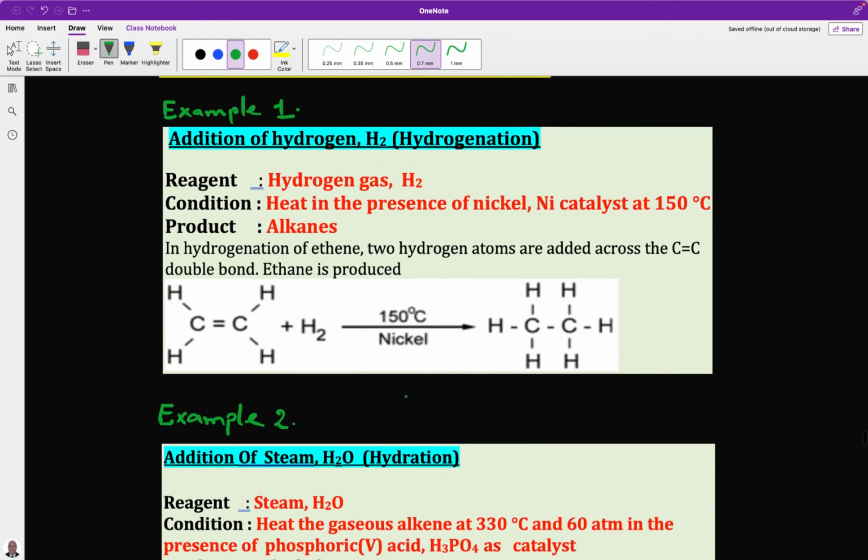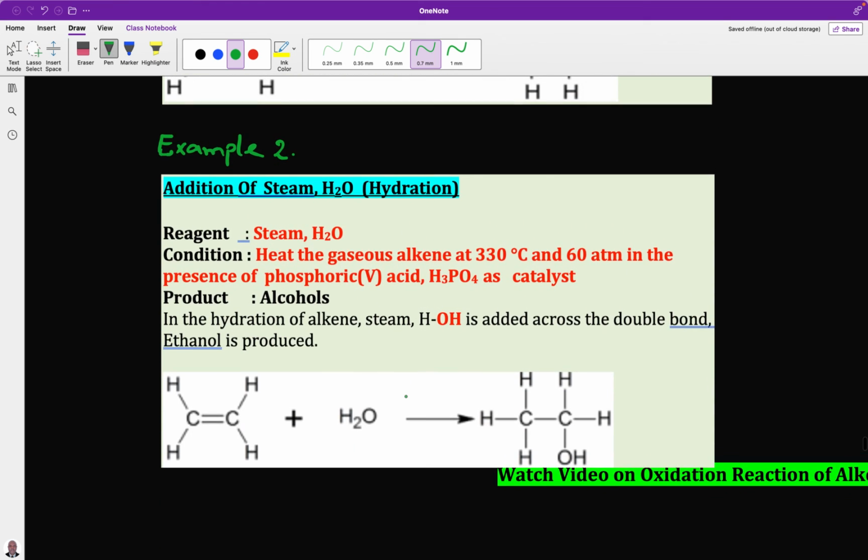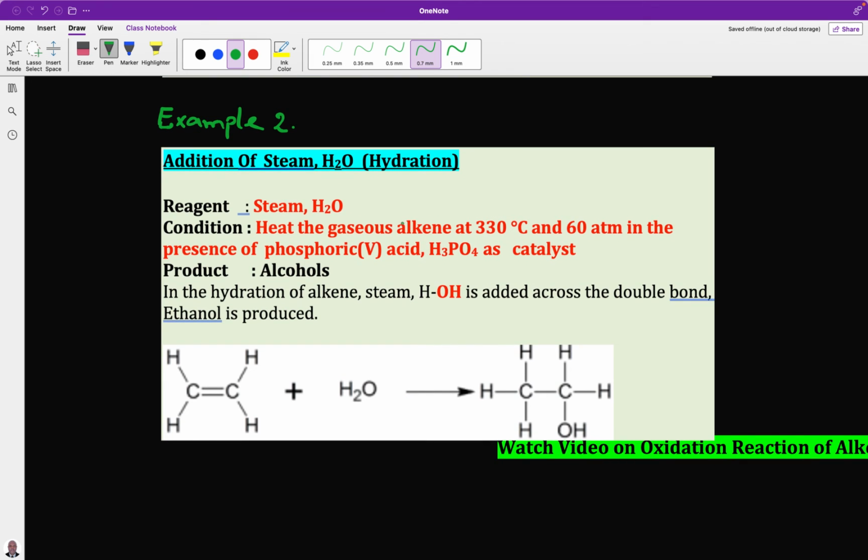Another example of addition reaction is steam. The addition of steam, that is hydration. The reagent is steam. The condition is you have to heat the gaseous alkene at 330 degrees Celsius and at 60 atmospheres, in the presence of phosphoric acid as a catalyst.